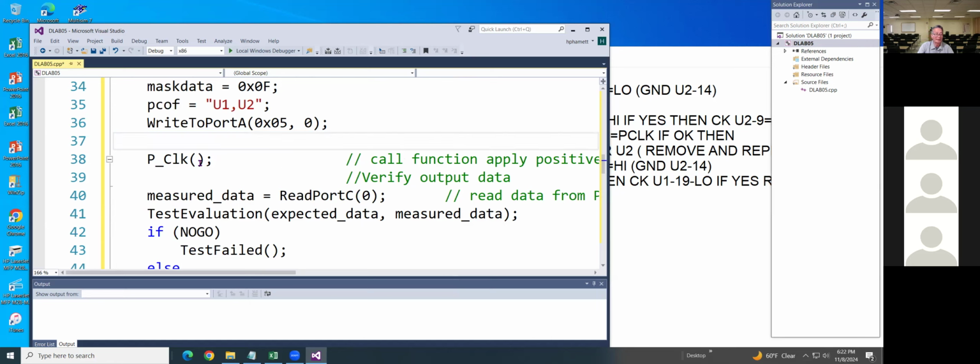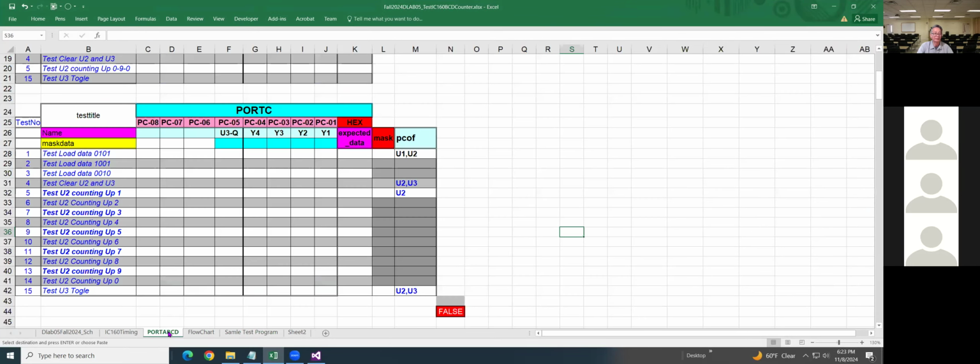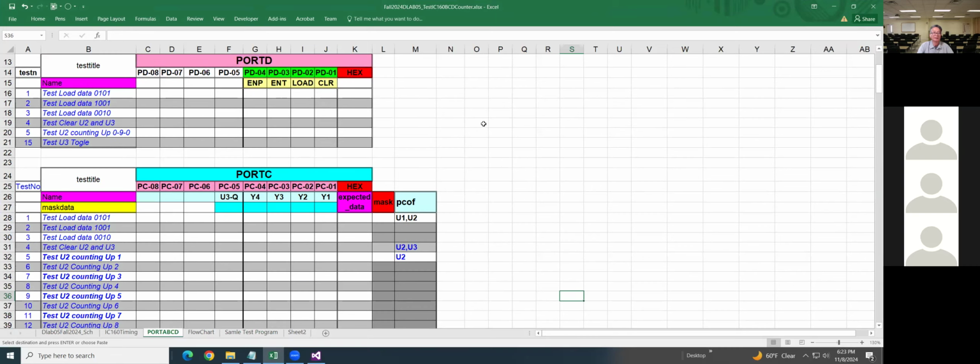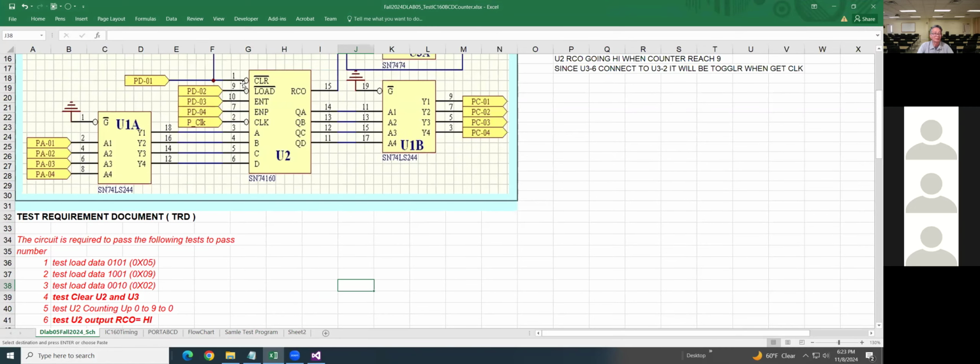Then you have to apply the clock and make sure you get the load or whatever. In here, you want to code, you're looking for 0, 0, 0, clear will be 0 or 1. Clear 0, they clear.